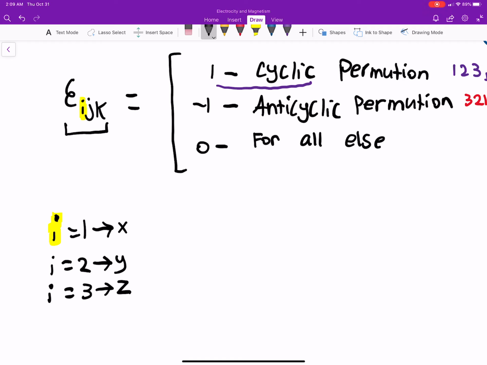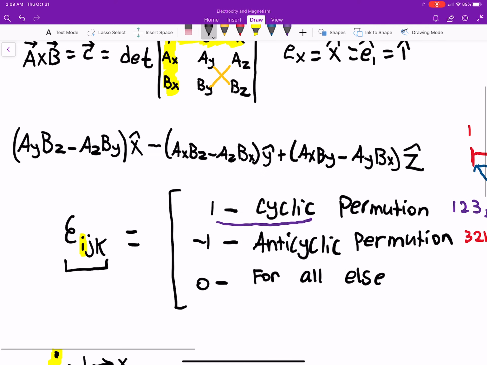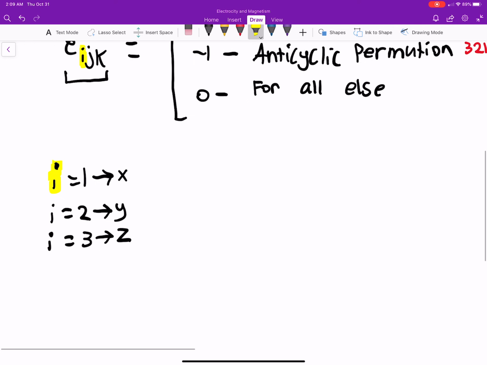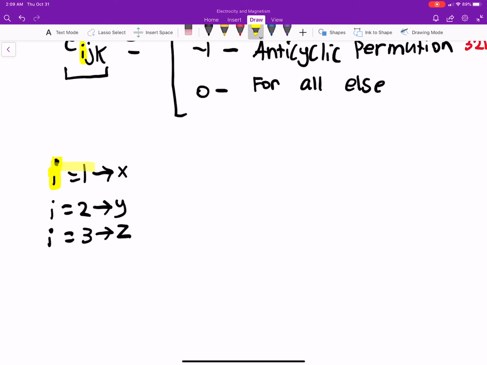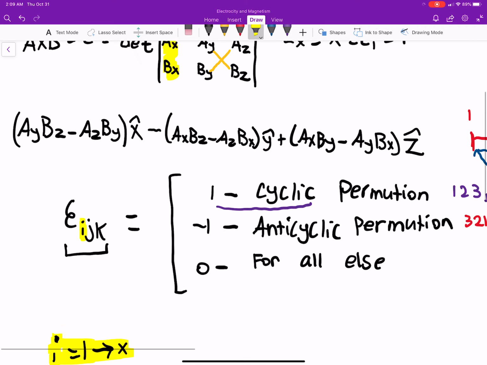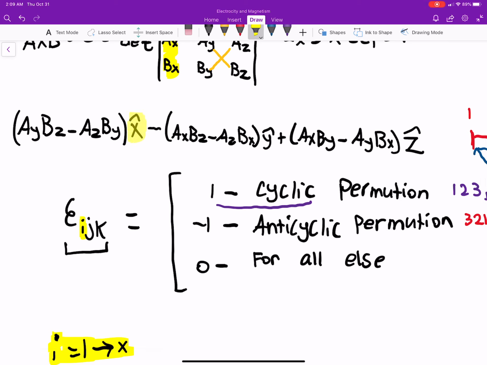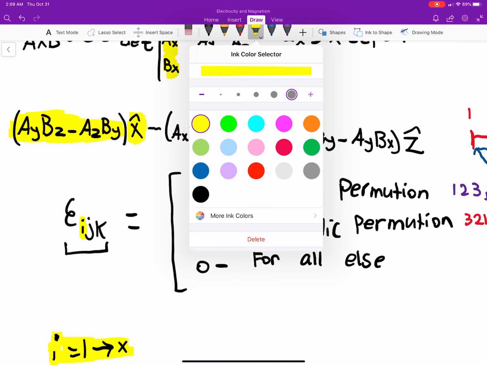So when we're talking about the x, we're interested in this part of our cross product.